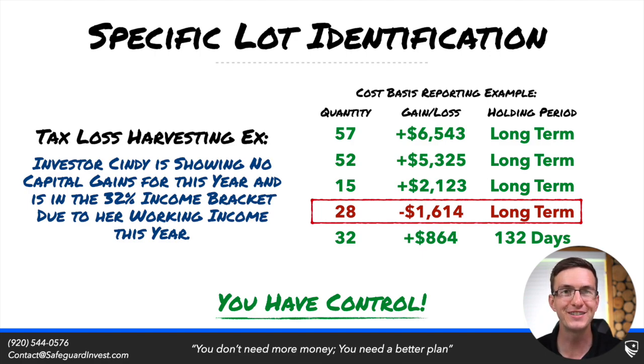If she sells this investment, she can take that loss against her income, thus lowering her income and saving in that 32% bracket. Cindy would want to identify this 28 quantity tax lot at a $1,614 long-term loss and offset her income, thus lowering her tax bill.